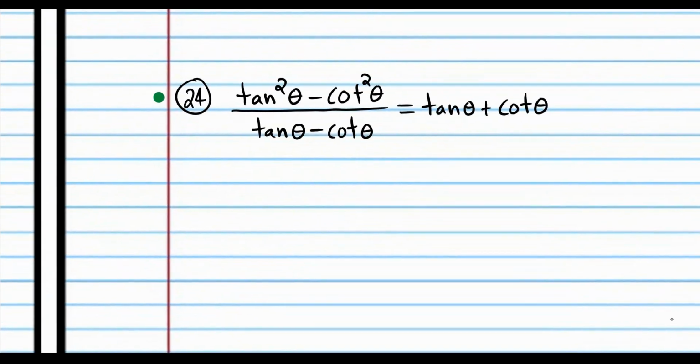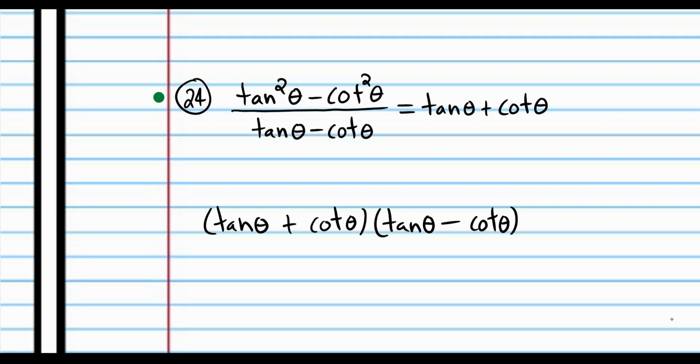Okay, we're back. So we have the difference of two squares. And what expression times itself is equal to tangent squared theta? Well, that's tangent theta. What expression times itself is equal to cotangent squared theta? Well, that's cotangent theta. And of course, you write a plus symbol and a minus symbol.